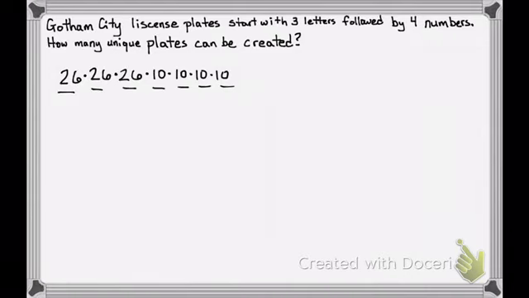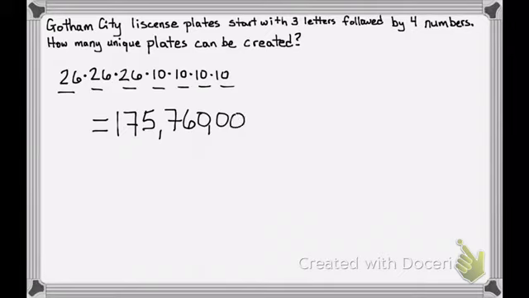We just grab our calculator, multiply that all out, and we get 175,760,000 different license plates we can have in Gotham City, where we start with 3 letters and then end with 4 digits. So that's a lot of people that can get a license plate that's unique.